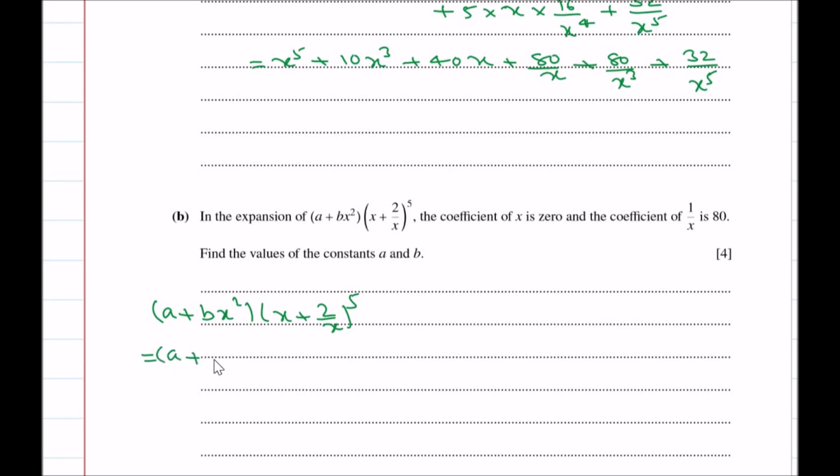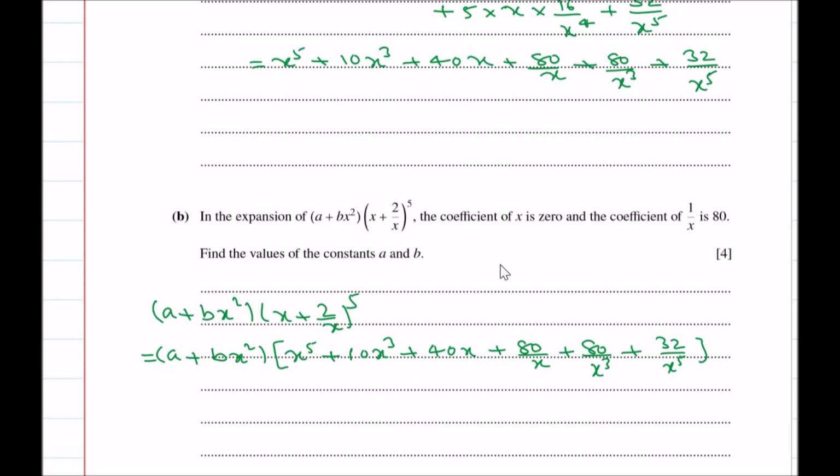And now for this you write what we got in the first part answer, that is x to the power 5, plus 10x cube, plus 40x, plus 80 by x, plus 80 by x cube, plus 32 by x raised to the power 5. Okay. So we wrote this bracket.